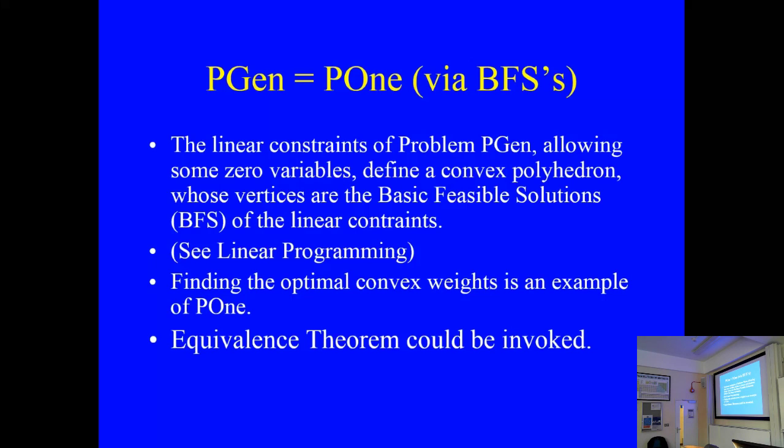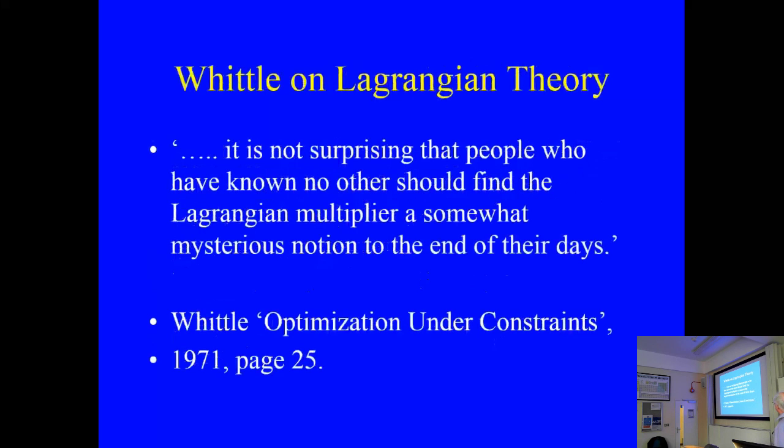So an optimal design problem with cost constraints would be an example of what we're considering. But the implication would be that the equivalence theorem could be invoked to establish optimality, at least for a concrete criterion.